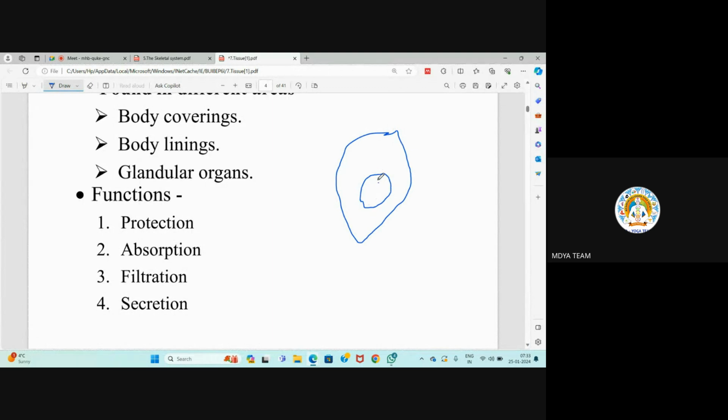So this is the lining of the body, this portion we can say is the body lining.